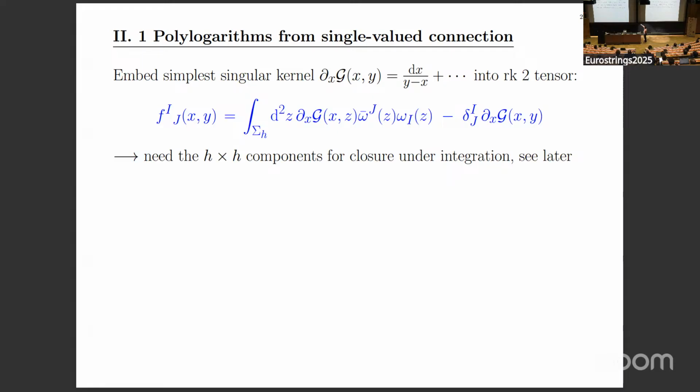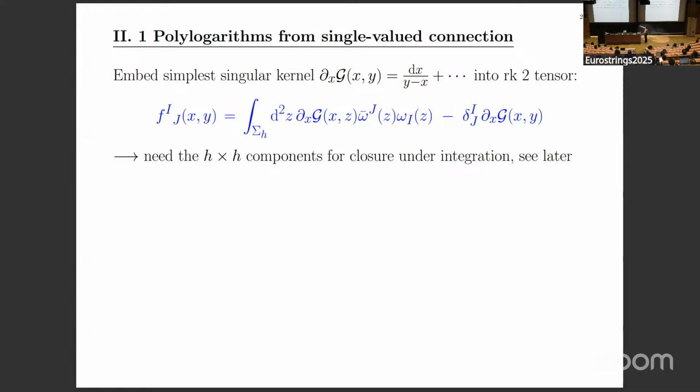So this is probably the term you expected, but you need a few more kernels to make sure that the polylogs close under integration. So this is not yet visible from the material here. Just trust me that you need an entire matrix worth of integration kernels that accompany this simple pole here.